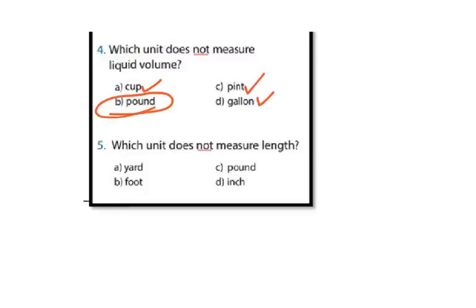A yard does. Size is like a baseball bat. A foot does. Think about the size of a ruler. An inch does. And look, pound was our answer again. A pound does not measure length.